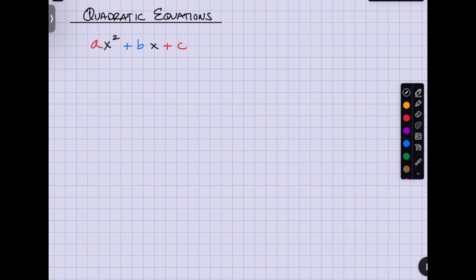Ready? That's the only difference. There's an equal 0. Right?